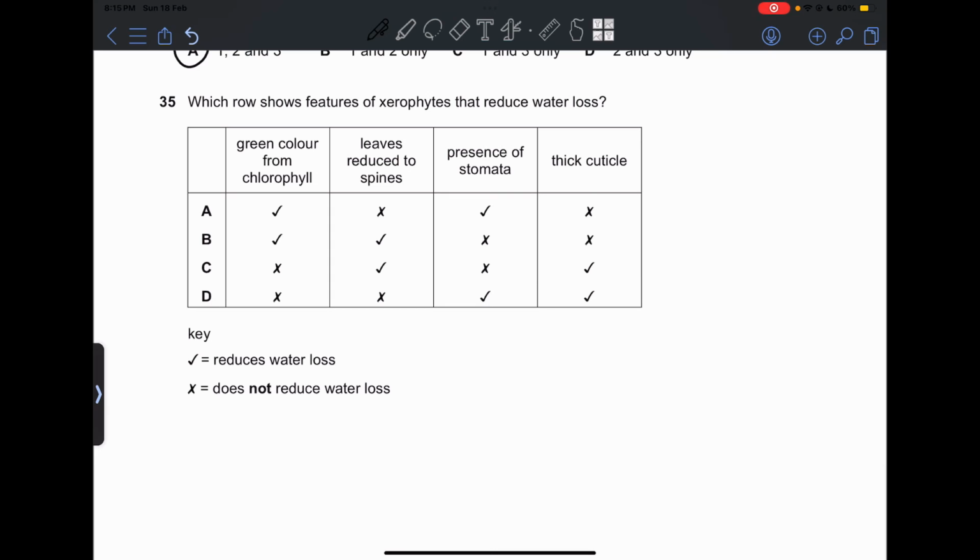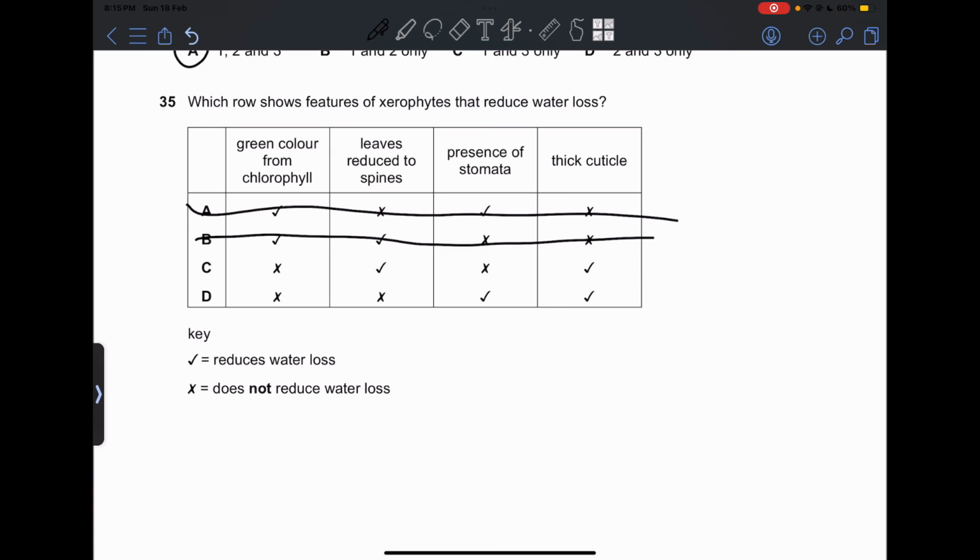35. Which row shows features of xerophytes that reduce water loss? Green color from the chlorophyll, this is actually not something that necessarily reduces water loss. So we're going to be choosing from C and D for now. Now, leaves reduced to spines, this is actually a correct thing because it reduces the surface area.